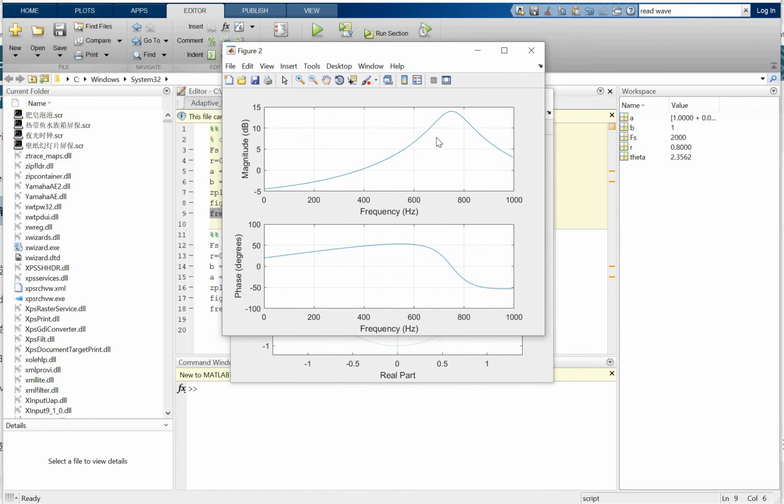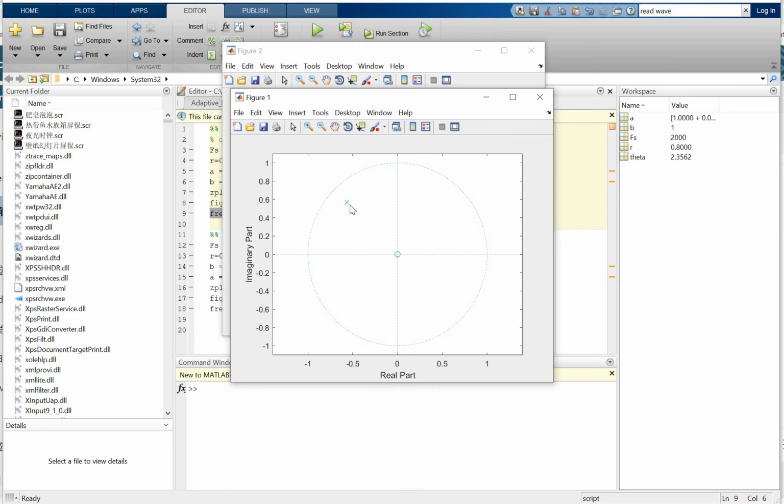You can find I have a peak at around 750 hertz, because my sampling frequency is 2000 and the highest frequency I can express is 1000. Now 3 pi over 4 is around 750. This peak is related to this pole's position.